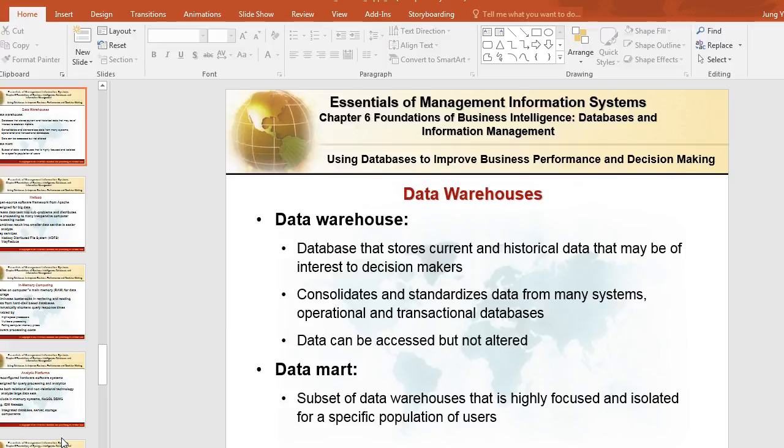So it consolidates and standardizes the data from many different sources, again including the operational and non-operational data as well. A data mart is a special subject area in data warehouses that is highly focused and isolated for a specific population of users.